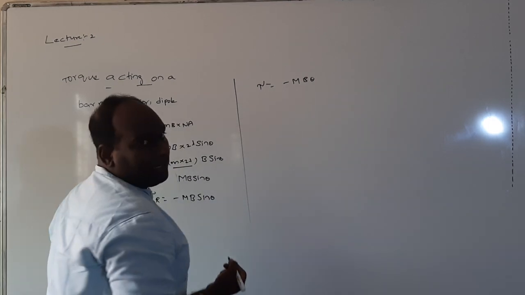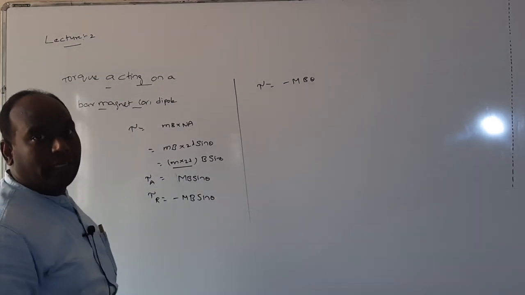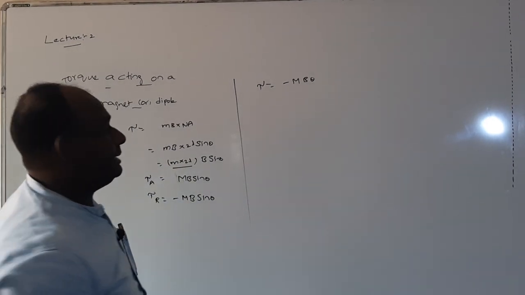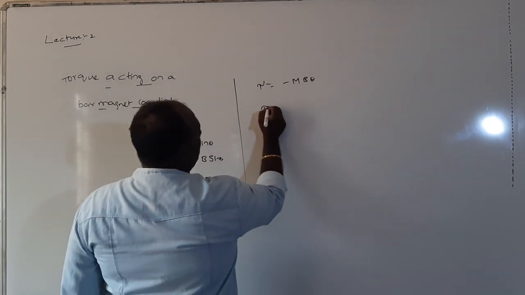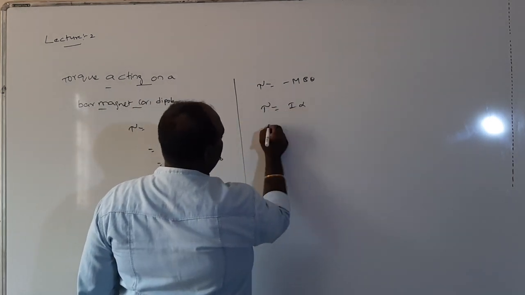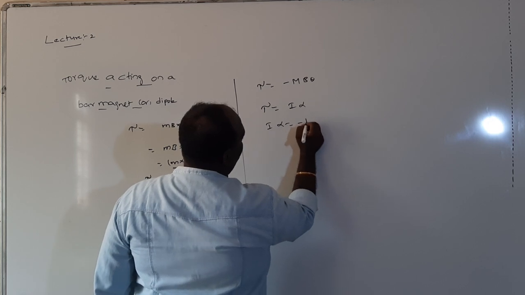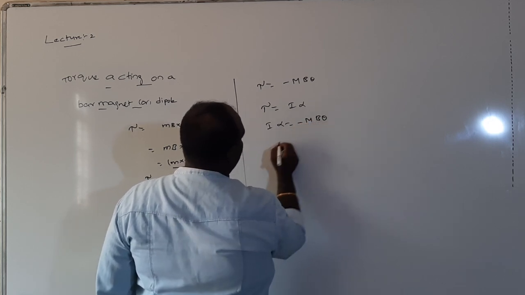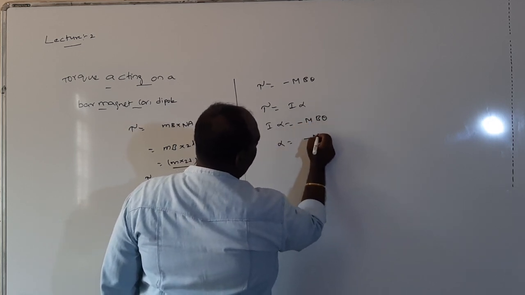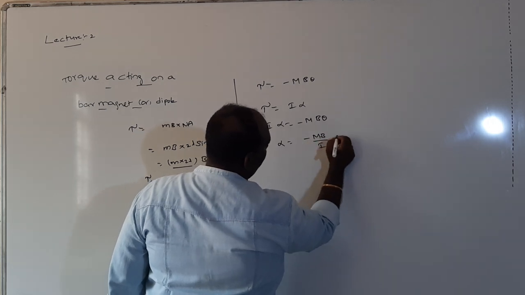We know torque tau is equal to I alpha, where I is the moment of inertia and alpha is the angular acceleration. So I alpha equal to minus MB theta. So alpha equal to, how can we write? Minus MB by I into theta.